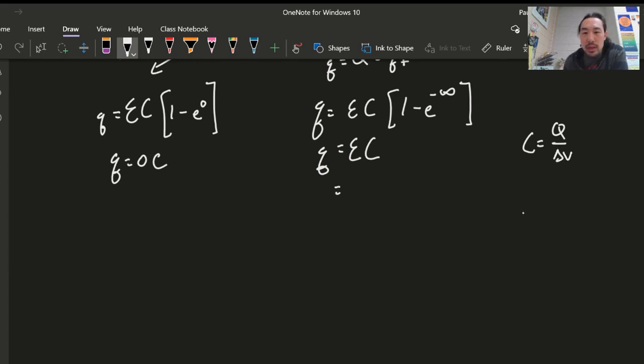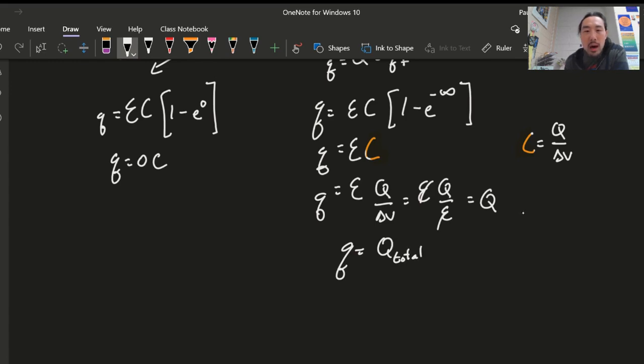If we substitute that in there for the C, we get the EMF times Q over delta V. And this delta V is simply the EMF, and that cancels out. And so we get Q is equal to the Q total. And remember what I said in calculus: whenever you have a lowercase, that's the variable or changing quantity. When you have an uppercase, it's the constant amount.